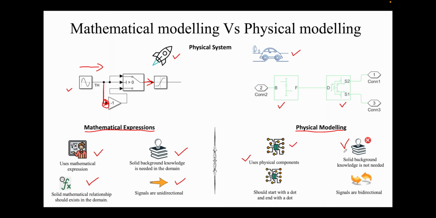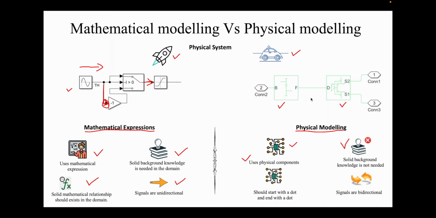The main thing is that even if you have very little understanding, even if you know the concept only at an overview level, you can develop the model. So physical modeling comes into play more when a domain expert is not doing the design, but a newcomer is. He can also create the models.